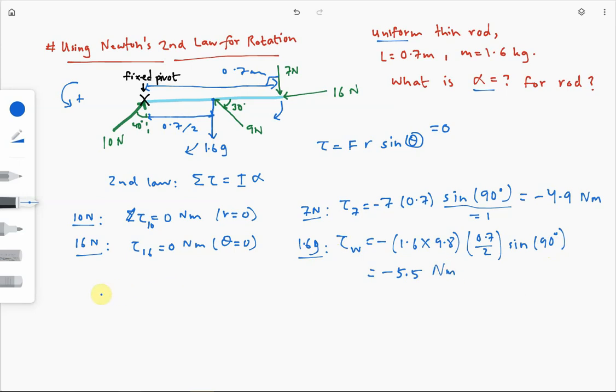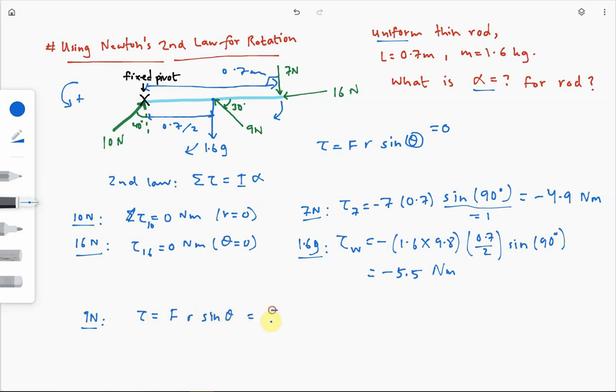To that we have one force left, which is the 9 Newton force. Now before we get into the basic calculation involving the 9 Newton force, let us remind ourselves and look at the definition of torque a little bit more closely. Torque is defined to be F times R sine theta, and we know what F and R stand for by now.